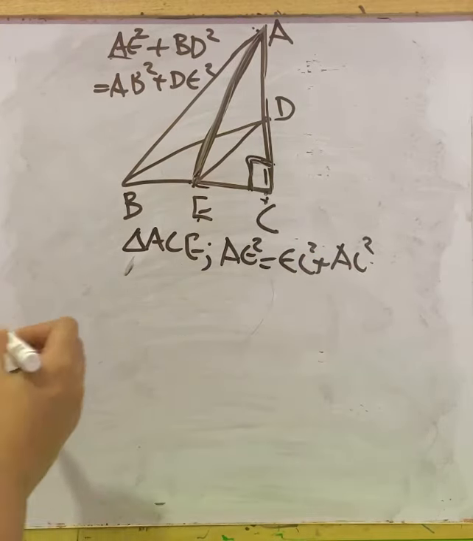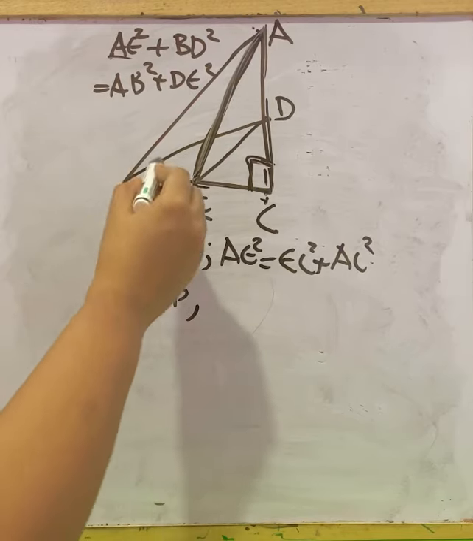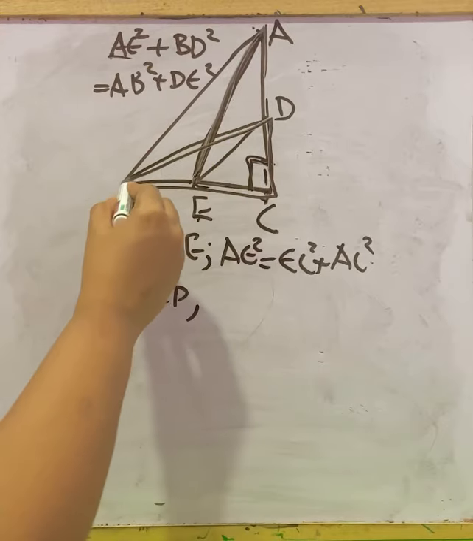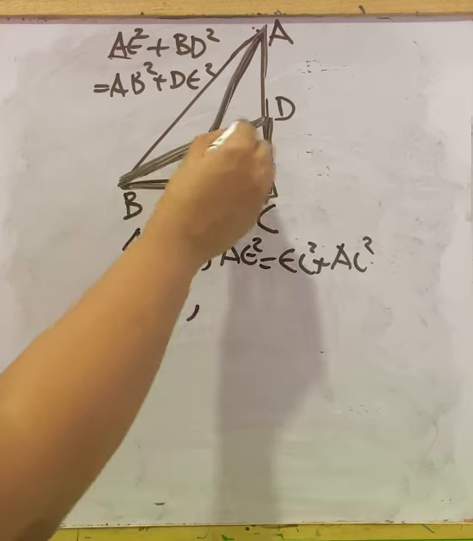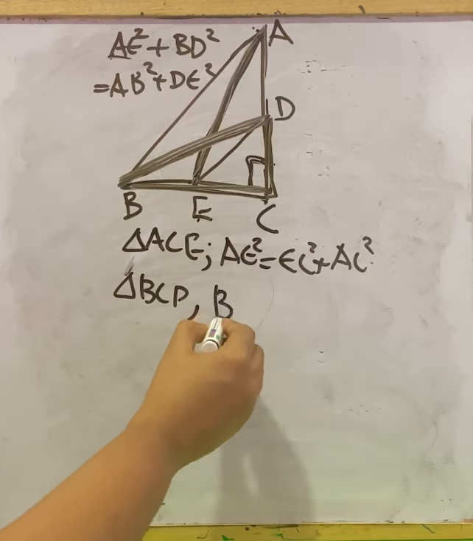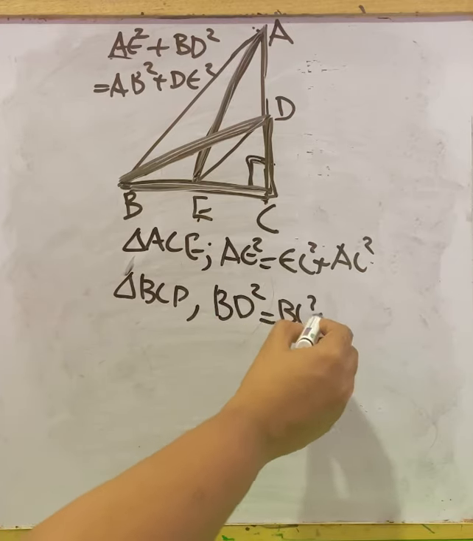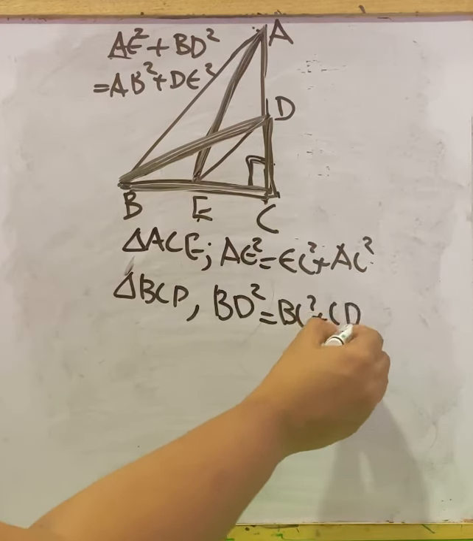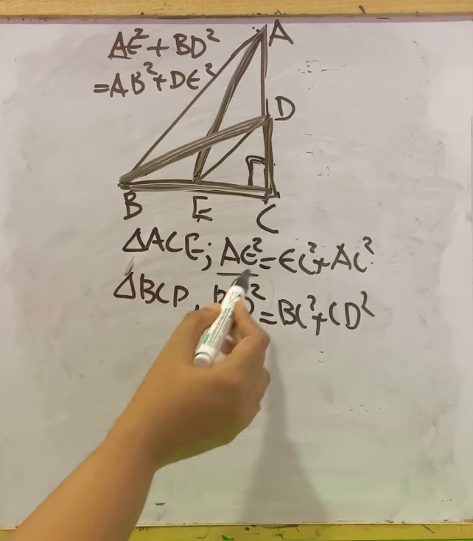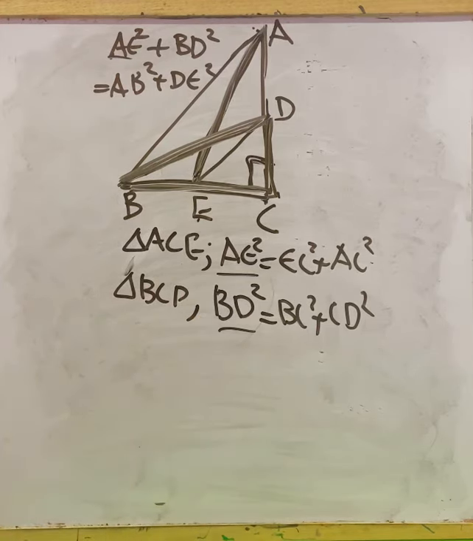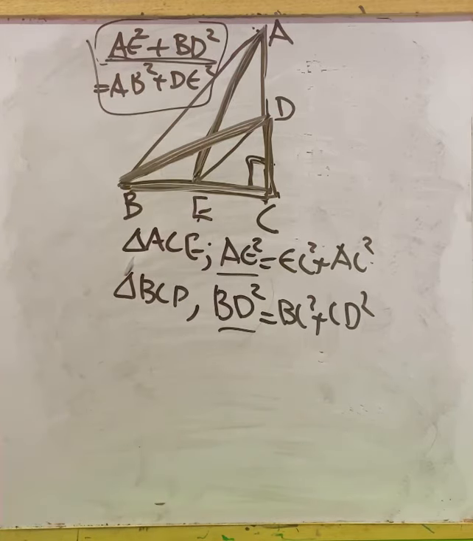Next triangle, triangle BCD. In that, you can see BD is the hypotenuse. So we can write BD square is equal to base BC square plus height CD square. Now we can add these because you can see AE square and BD square on the LHS, and in the question, what we have to prove is AE square plus BD square.